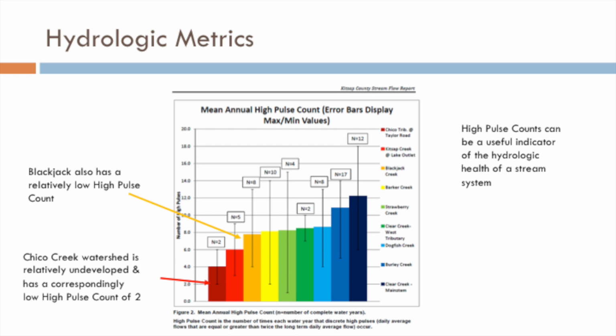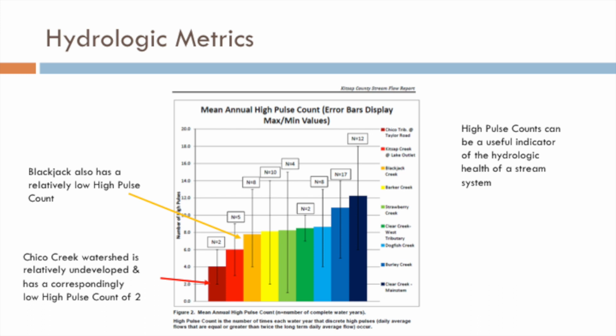What they found is that the more of these high pulses that occur, the more likely that stream system is going to be disrupted and will not have as good an invertebrate species presence. Blackjack Creek is at a high pulse count of 8, and then going up here to Clear Creek, which is 12.